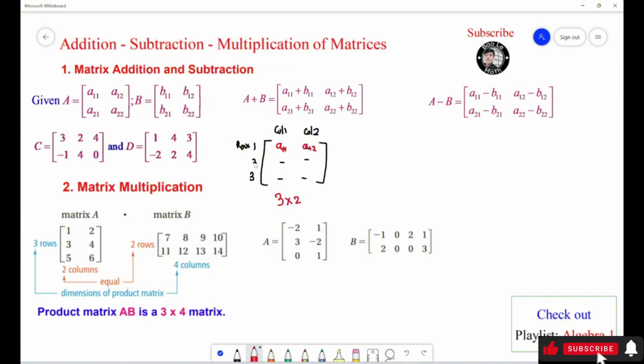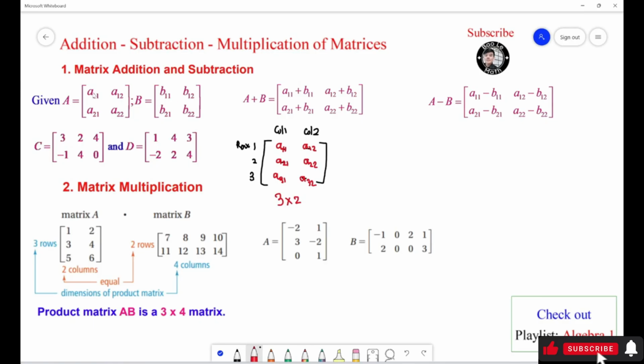This one, row 2, column 1, so it's A2 1. Row 2, column 2, A2 2. Row 3, column 1, A3 1. Row 3, column 2, A3 2. So these are the names of the elements in the matrix.